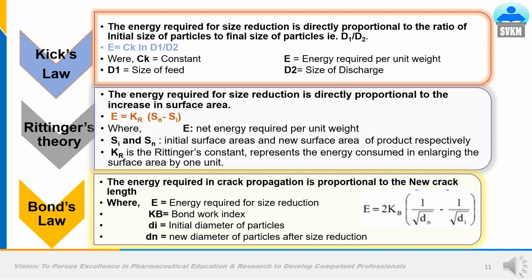Here E is the energy required for size reduction, Kb is the Bond work index, di is the initial diameter of particles, and dn is the final diameter of particles, or di is the diameter before size reduction and dn is the diameter after size reduction, right? So in case of Bond's law, the energy required is related to the diameter of particles before and after size reduction.